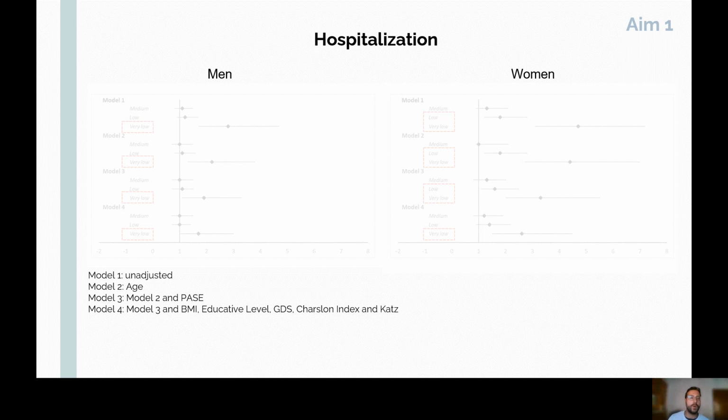Similar results were found in women, but in this case, even women with a low muscle power had a higher risk of hospitalization. However, for the final model, only the very low muscle power group had this increased risk.